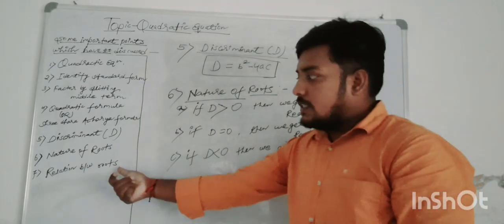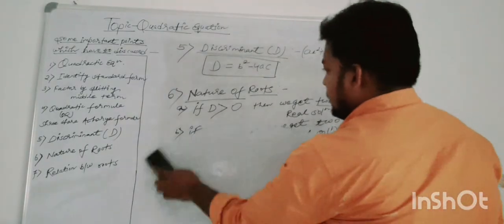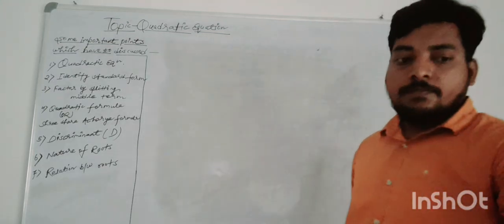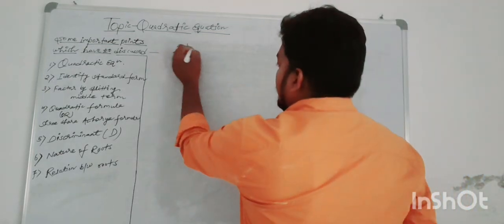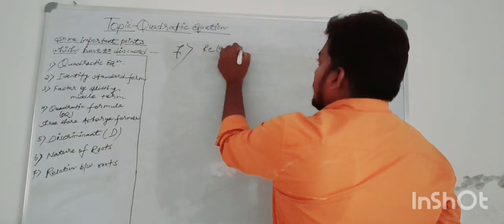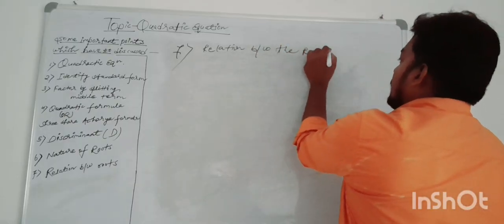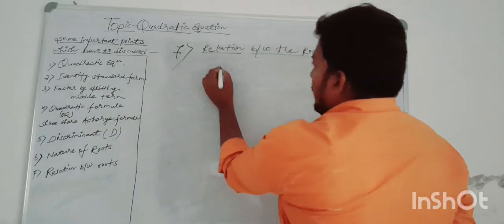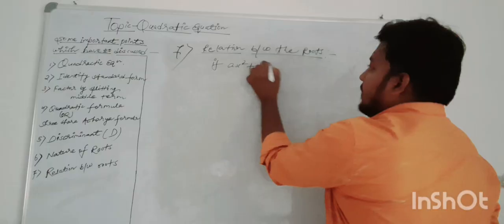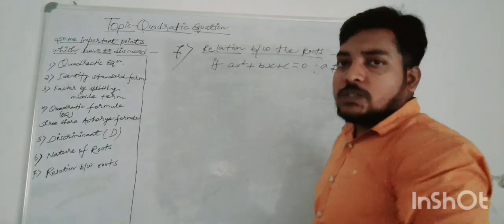And the last one is the relation between the roots. If the quadratic equation ax² + bx + c = 0 and a is not equal to 0, then it has two roots.